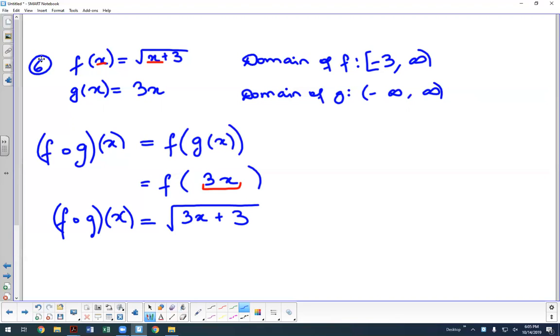And domain. So how can we figure that out?